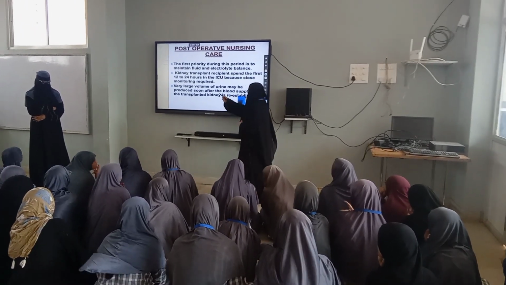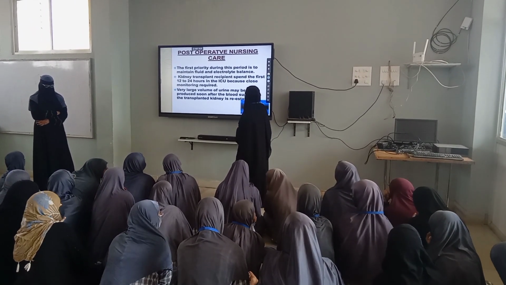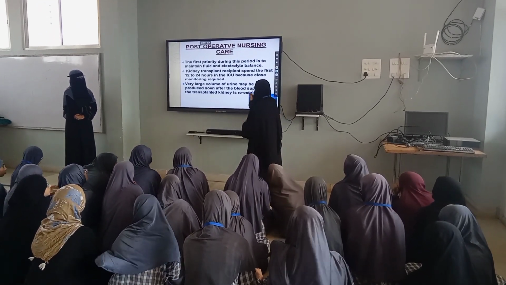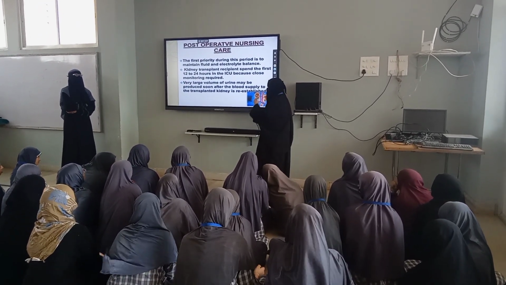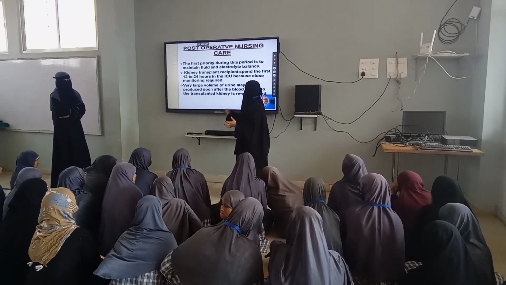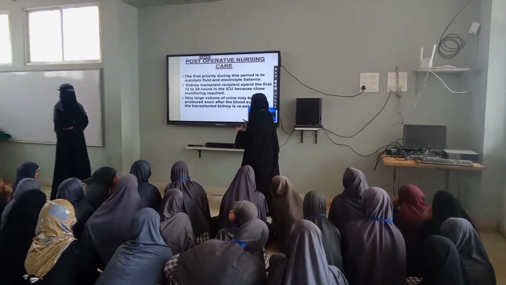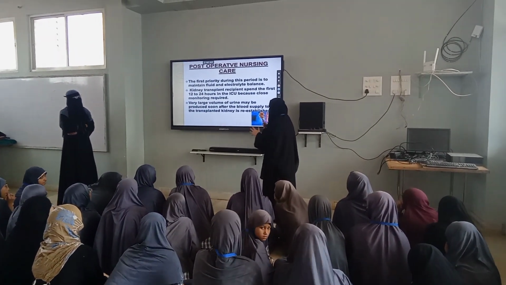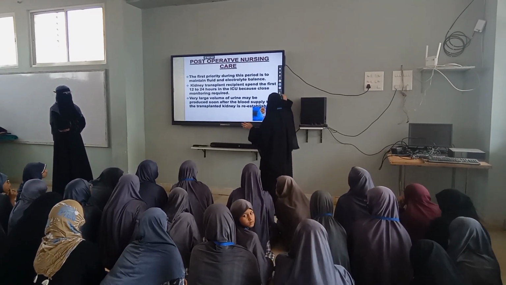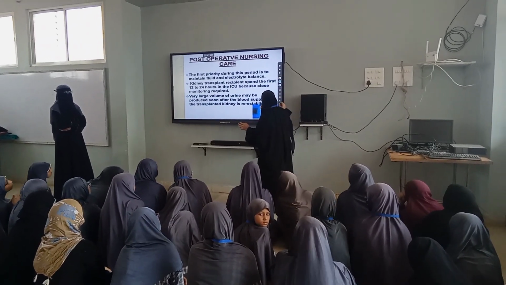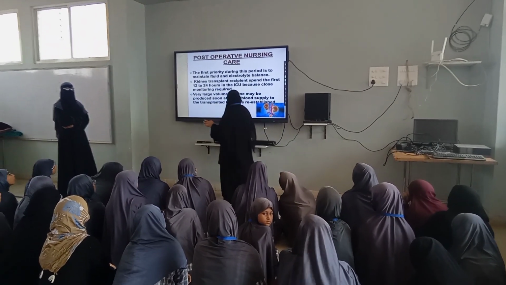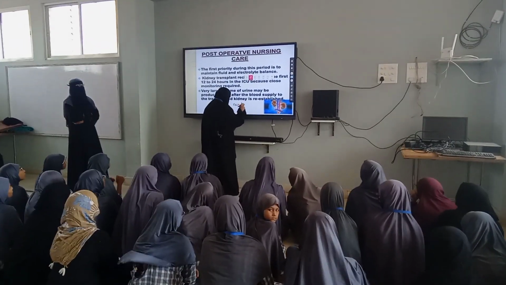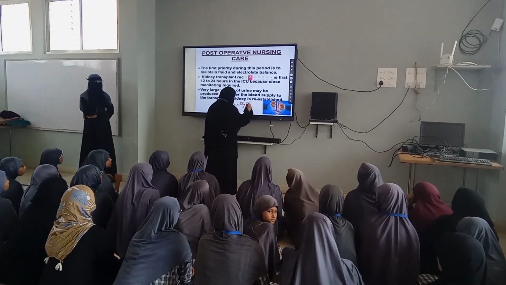And the last one is that a very large volume of urine may be produced soon after the blood supply to the transplanted kidney is re-established. After the operation, a very large volume of urine may be released from the body. So for the comfort of the patient, a device is provided that is known as a urinary catheter.